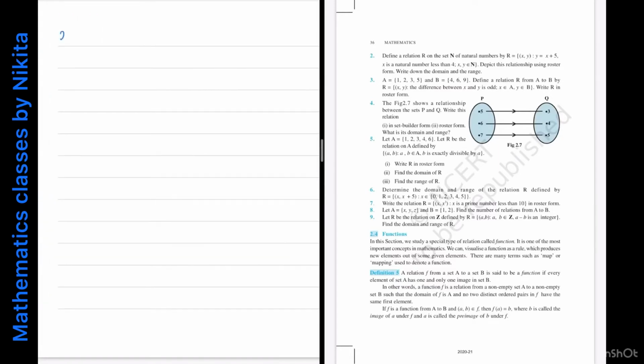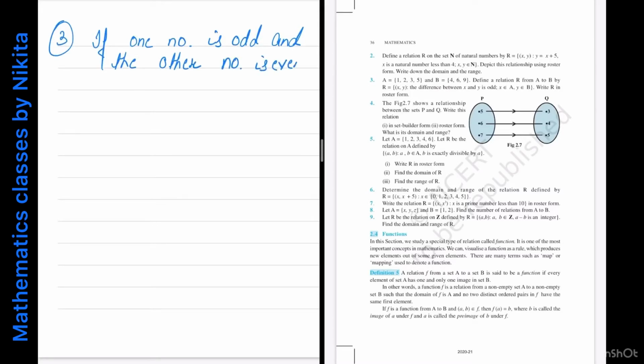But if one number is odd and the other number is even, then their difference is odd.